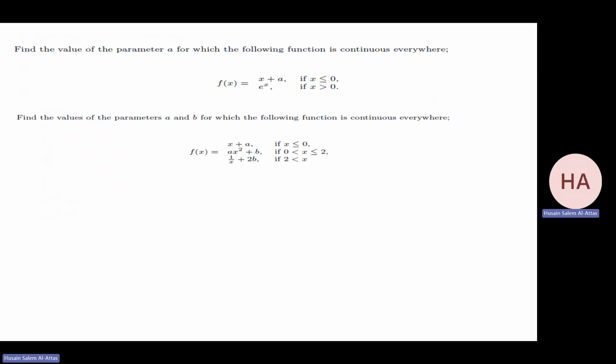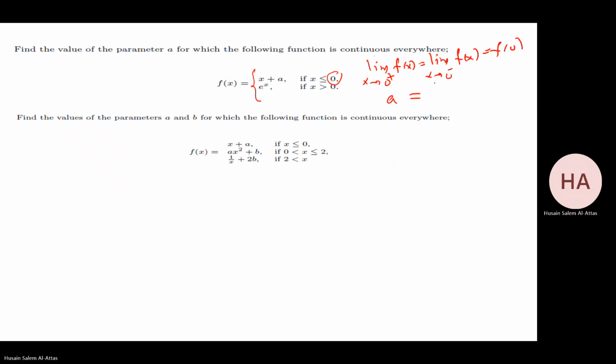Find the value of the parameters for which the function is continuous everywhere. Okay, just check at 0. I will do it quickly. For 0, the limit as x goes to 0 from right. So I have what?